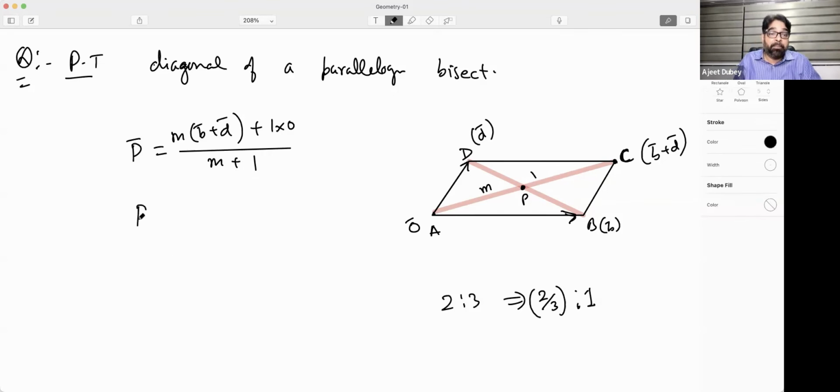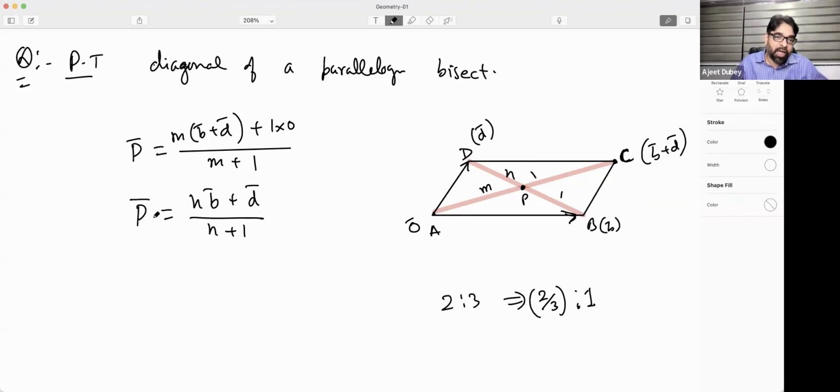Now P in terms of the other way: suppose this is n, this is 1. So n into B plus 1 into D divided by n plus 1. I hope it is clear to everybody. I don't know the ratio; I assume this ratio is m to 1 and this ratio is n to 1.